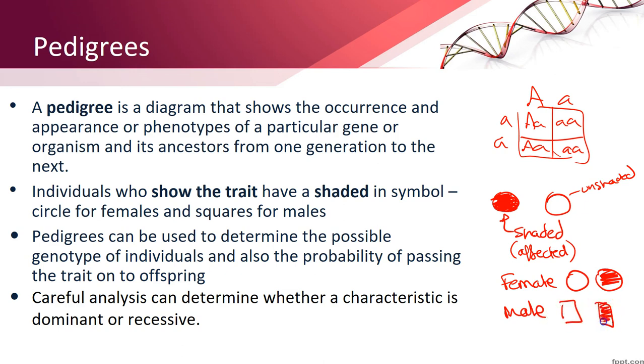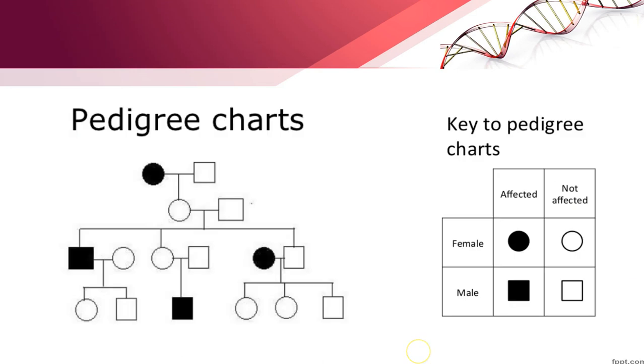Again, this can be shaded or unshaded depending on if it is affected or unaffected. And then we will follow their offspring through the trait. So if we use analysis, we can follow which characteristic is dominant or recessive by looking at what combinations of children come from the breeding pair.